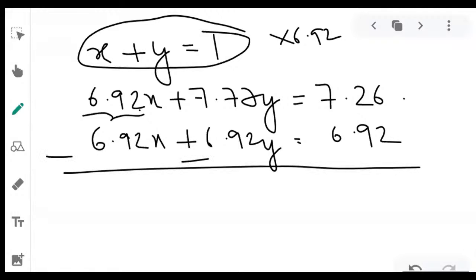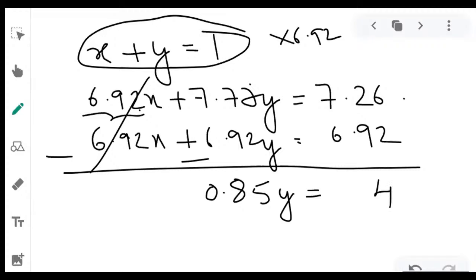If you subtract, what is this value? Anyone? What is y equal to?